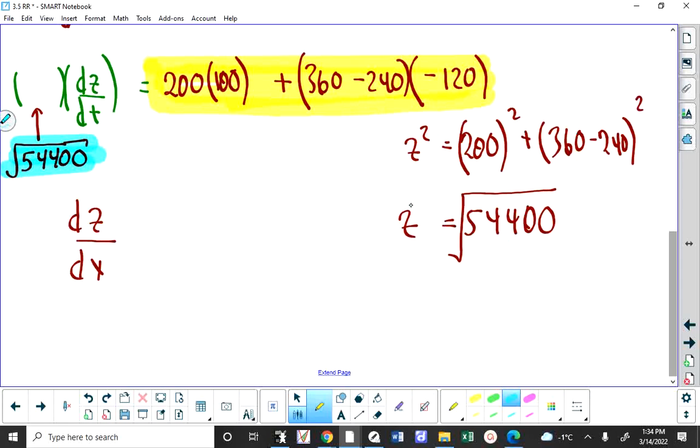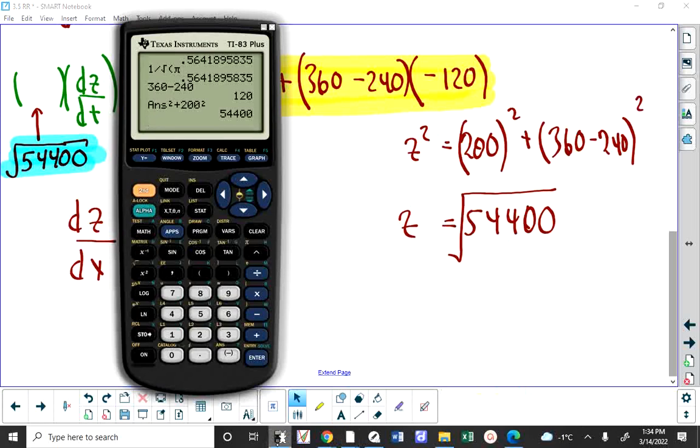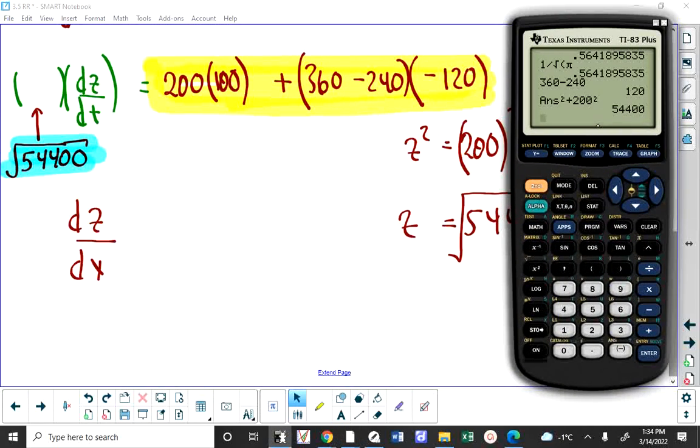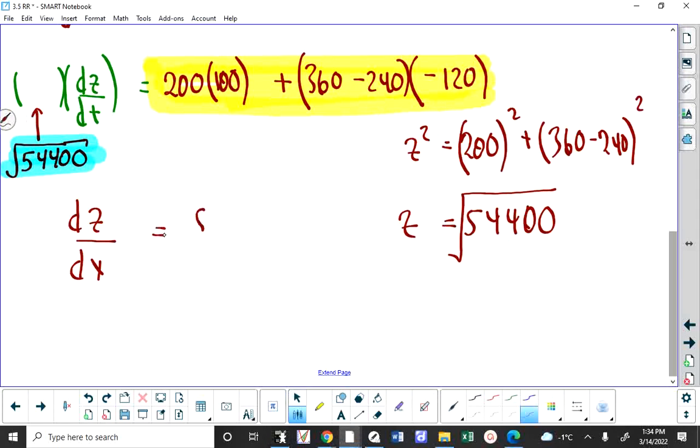So I'm going to calculate what the value of that yellow highlighted section of numbers is. 200 times 100 plus 360 minus 240 is 120 times negative 120 gives me this number, 5,600 over the square root of 54,400.